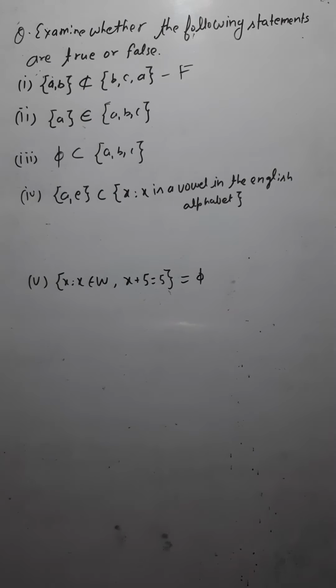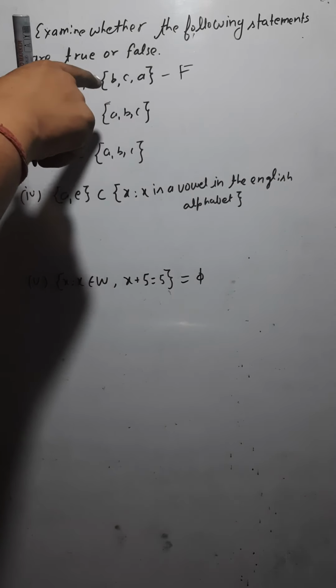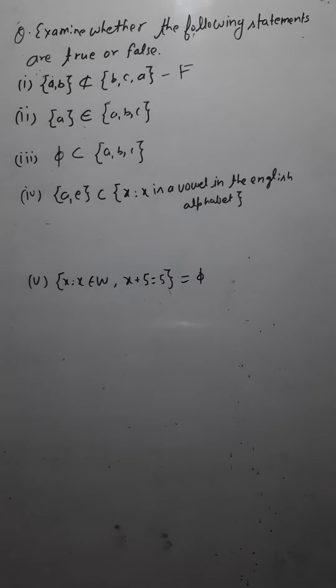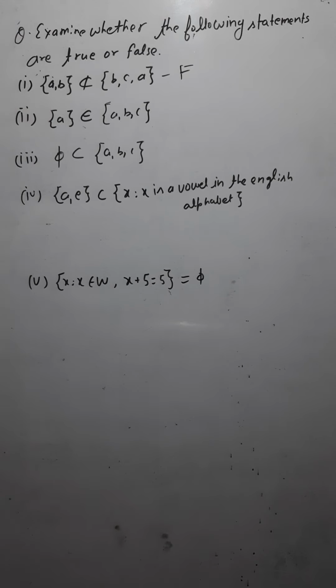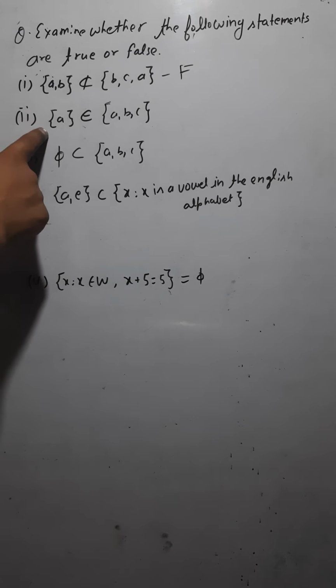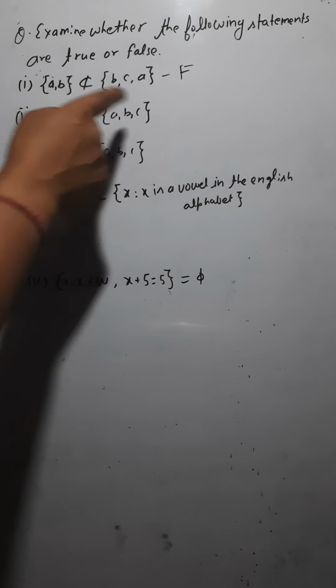Now similarly, you have a set {A}, and does it belong to the set {A, B, C}? Just remember this: this is a set, a singleton set where you have only one element. Does this singleton set belong to the set of three elements?